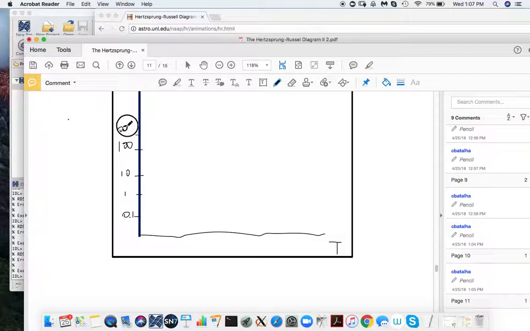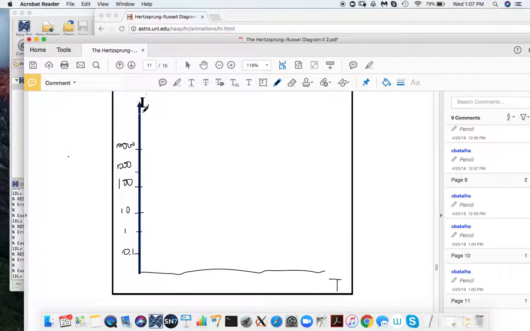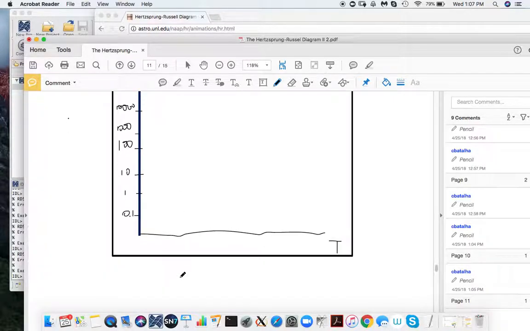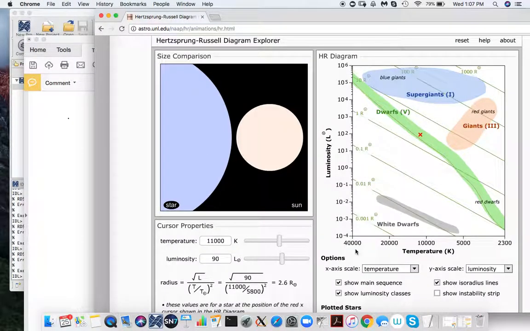10,000. No, this is 1,000. 10,000. So go 1, 2, 3, 4 zeros. And then the last one is 100,000 times. Okay. And down here for temperature, you could start with 50,000, but here's 40,000.